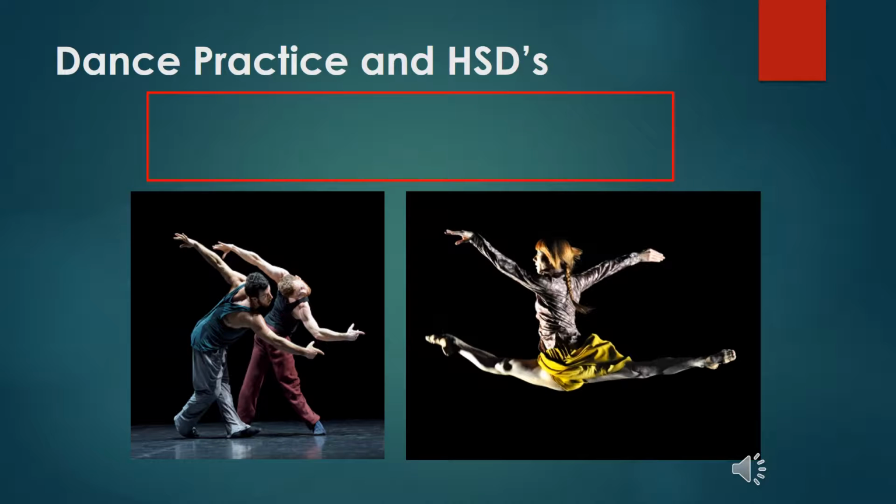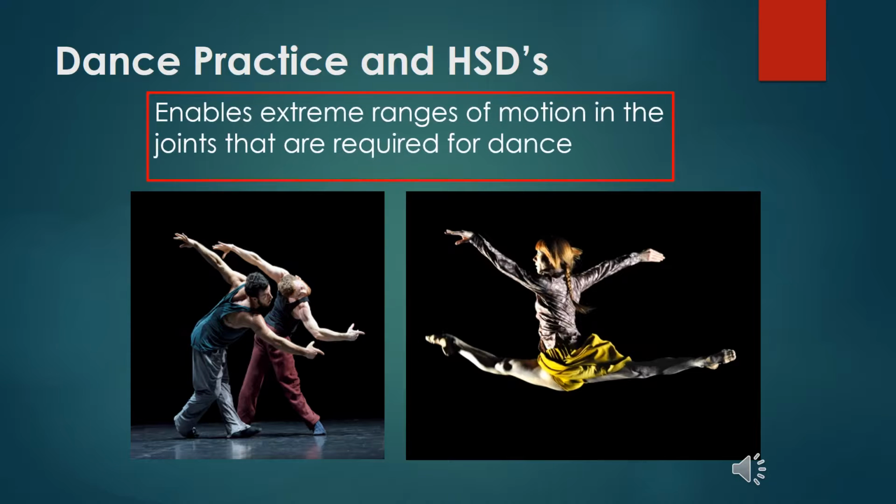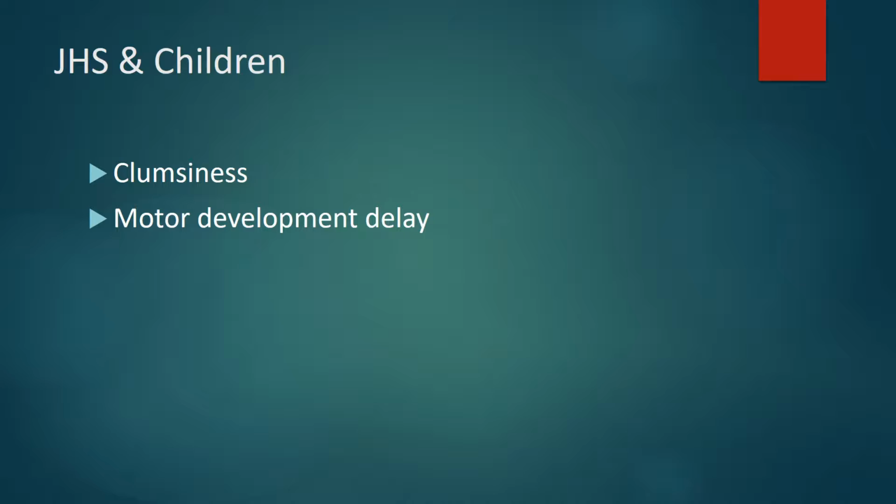So in the real world, as dance practitioners, we know that hypermobile syndrome disorders enable extreme ranges of motion in the joints that are required for dance. Joint hypermobility in children within the dance studio brings its own problems and may present as clumsiness, which is unexpected, or motor developmental delay. Indeed, these might be the reasons why a young child is sent to the dance class in the first place.